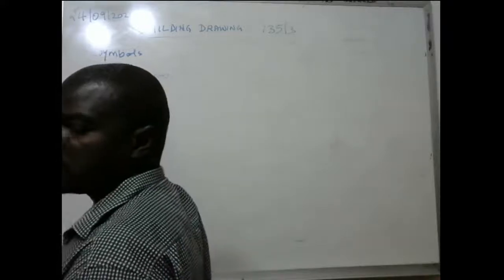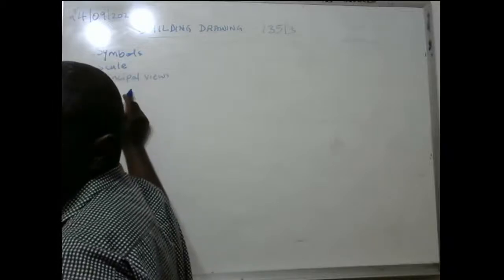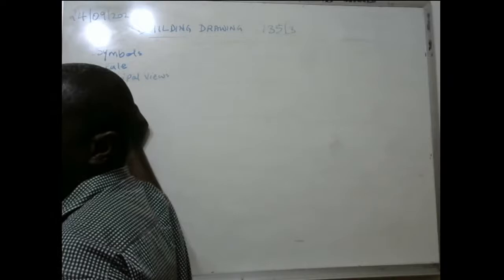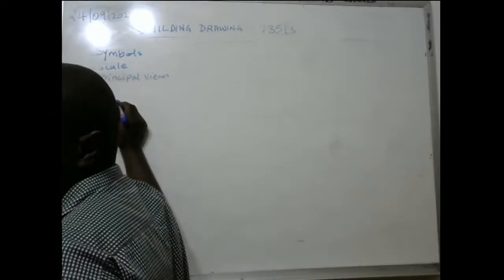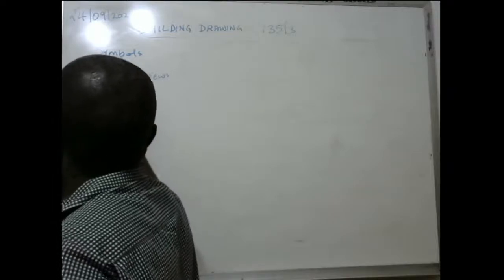So once we understand the symbols and how they are used, we also need to understand the scale and how it is used. And then we need to understand which are the principal views.